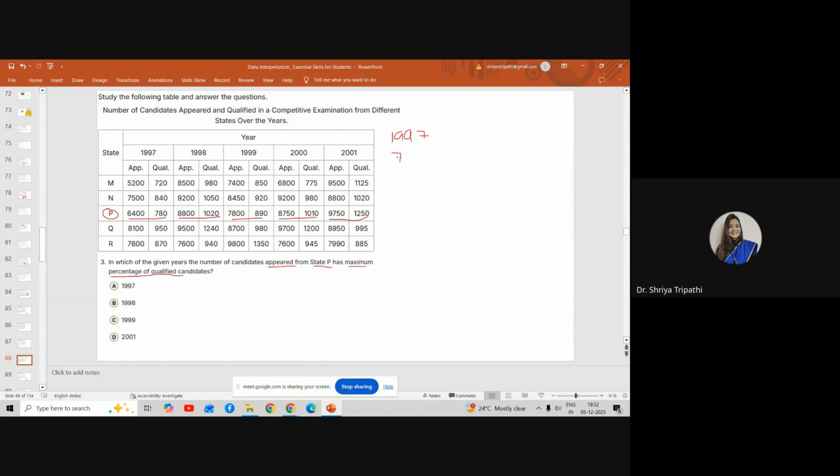So I'll put 780 divided by the number of people who have appeared, 6400, into 100 for percentage. Similarly, you have to do it for all the 5 years.